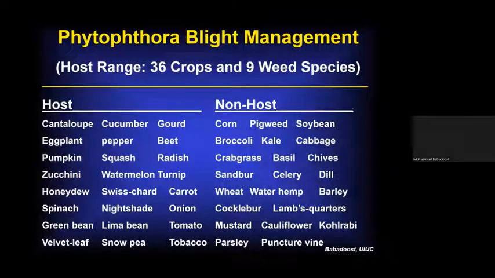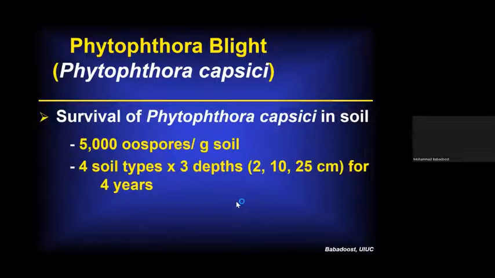By the way, my presentation is pretty much problem solving. So not only did we determine the host range, but we also determined survival of the pathogen in the soil. For this purpose, we produced lots of oospores. Oospore is the surviving body of the pathogen in the soil.